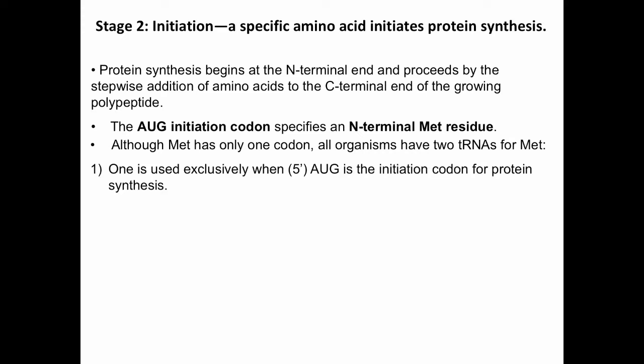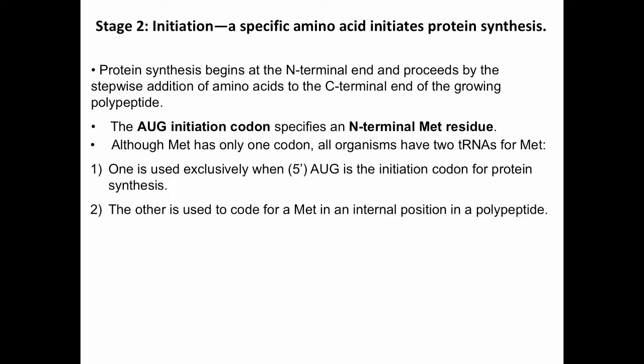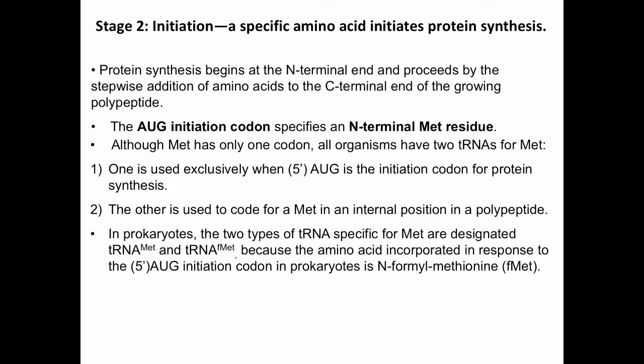One of those tRNAs is used exclusively when the 5' AUG is the initiation codon for protein synthesis. And then the other methionine tRNA is used when methionine is incorporated into an internal position of the protein.